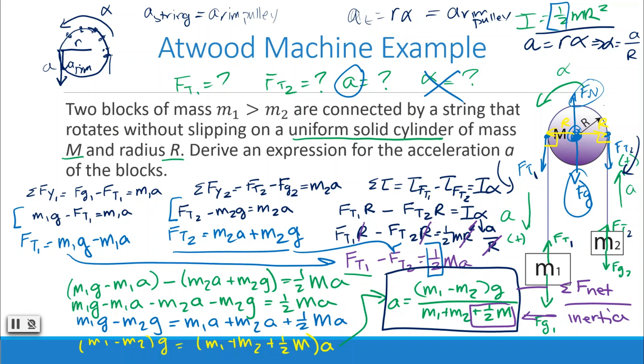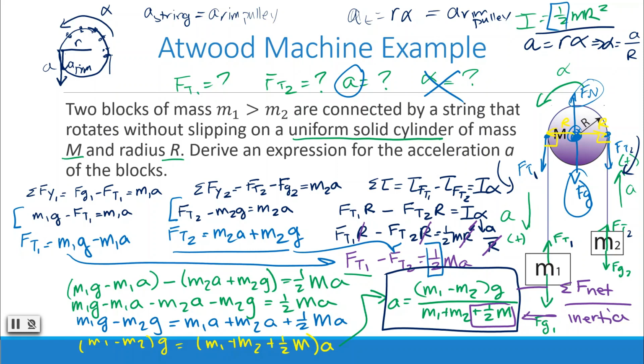Now, since there's no such thing as a massless and frictionless pulley, when we're doing experiments with Atwood machines, we usually get accelerations that are smaller than expected, not just because of friction, but because the net force has to move not just the two hanging blocks, but also the pulley.